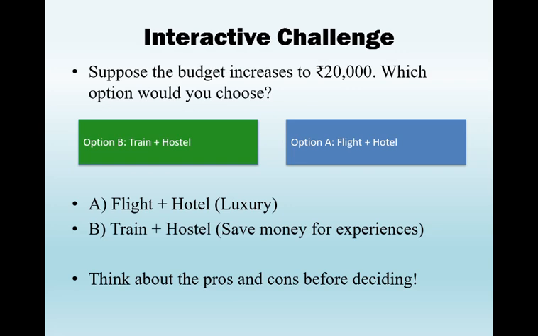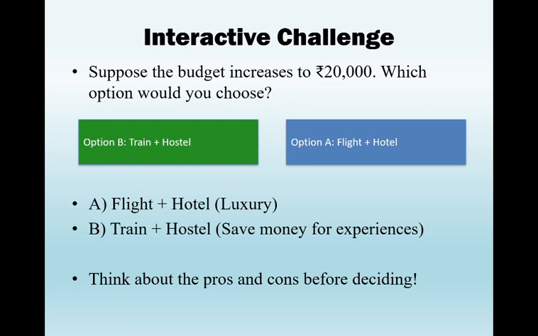So, here is a small challenge for you. Now it's your turn. Suppose the budget increases to 20,000. Which option would you select? Option A, flight plus hotel. Option B, train plus hostel.